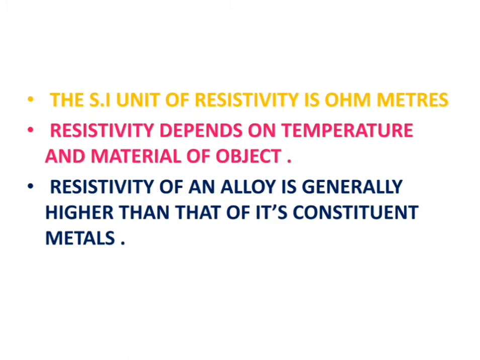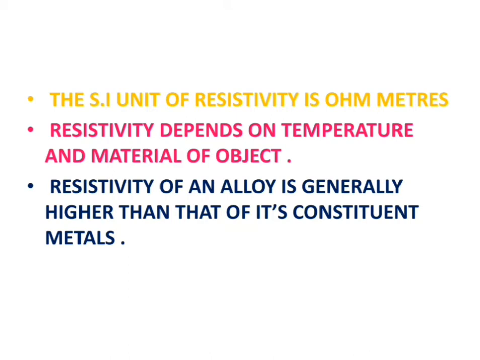For example, if the length of the copper wire is 5 meters, and then we take a 10 meter wire, its resistivity will be the same as that of the 5 meter wire. I hope you have understood this point. So resistivity does not depend on the area of cross section or the length of the wire. It depends only on the material of the object and the temperature at which it is kept.